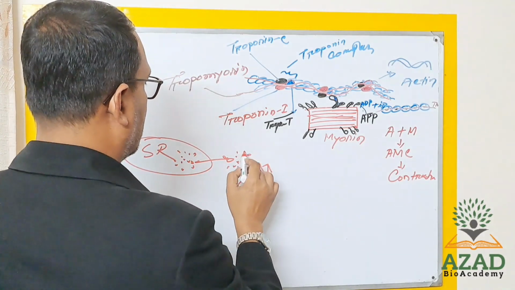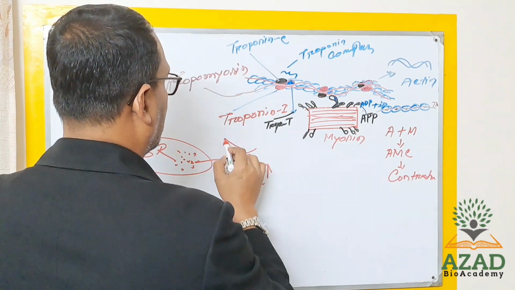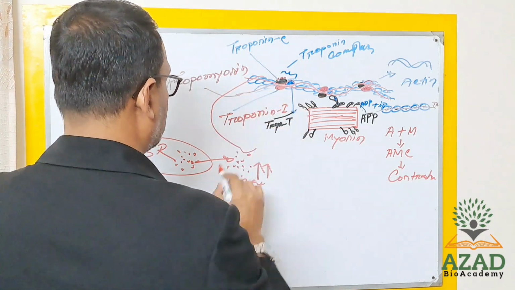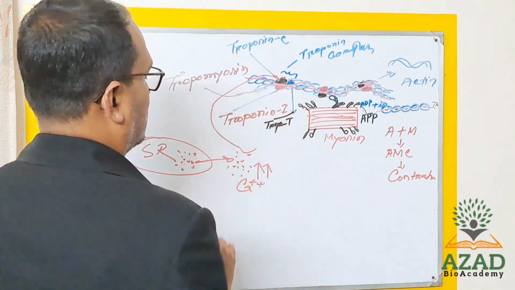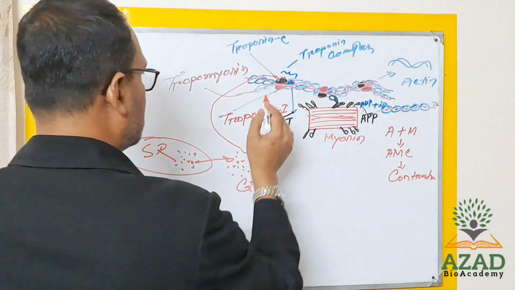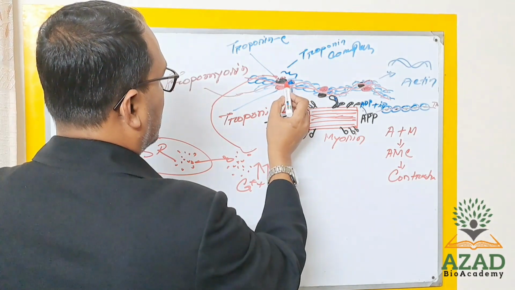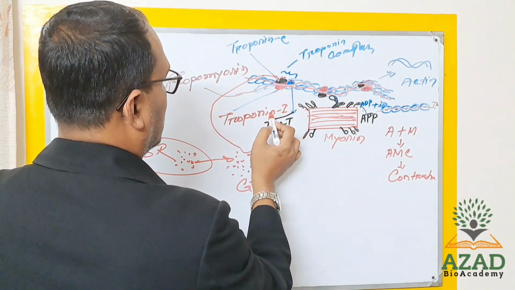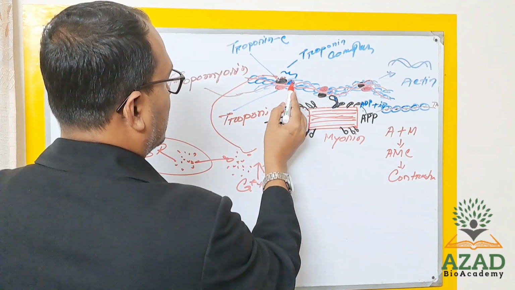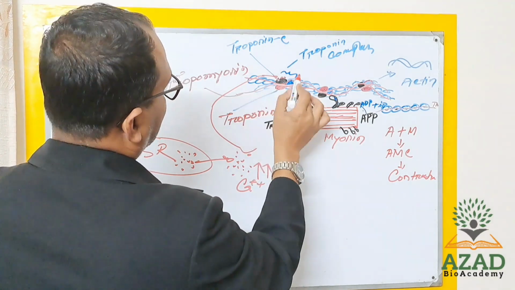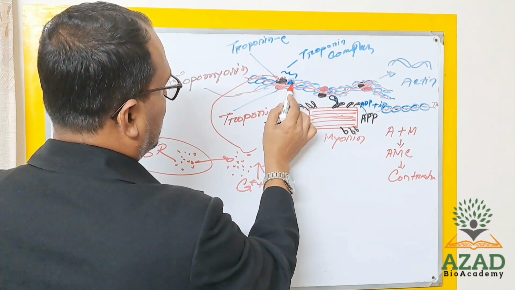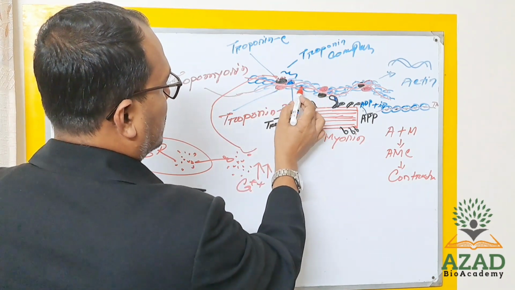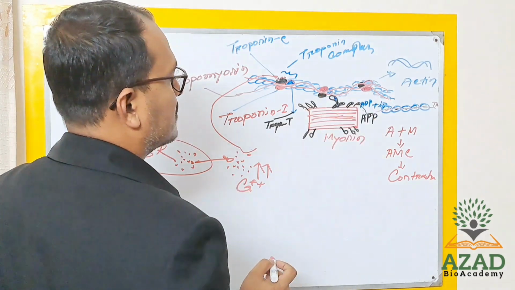Okay, and that calcium will bind with the troponin C, and it will change the conformation, and it will inhibit the function of troponin I, and also it will give the message to troponin T to just translocate the tropomyosin from the actin.